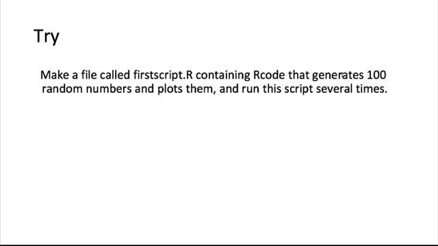We would write in that text file the necessary commands to perform those steps, store it with a given name, first script.r, and then when it's time to run, we'll just specify source first script.r and execute that command.